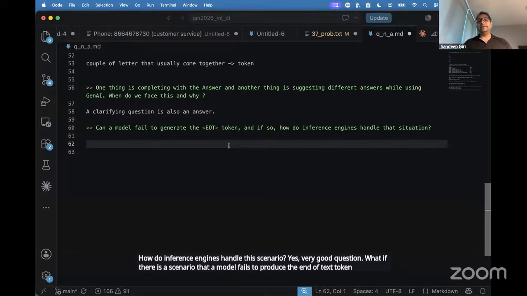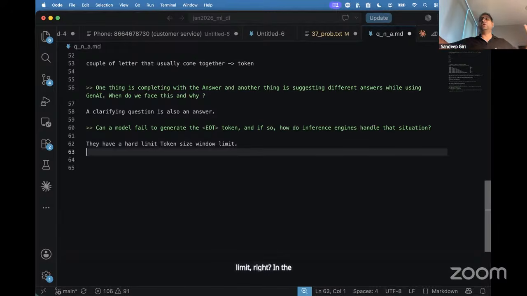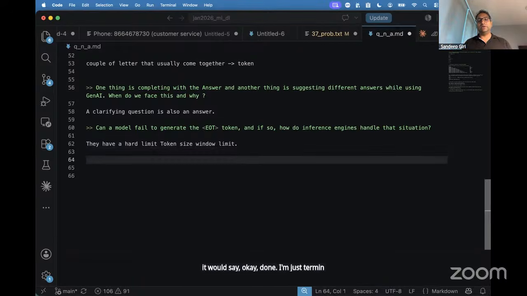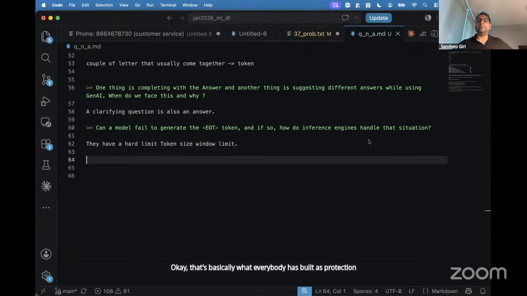In such a scenario, they have a hard limit, a token size window limit. If the answer keeps going and going and it doesn't produce EOT, it would say, okay, done, I'm just terminating this. That's basically what everybody has built as protection into the LLM.